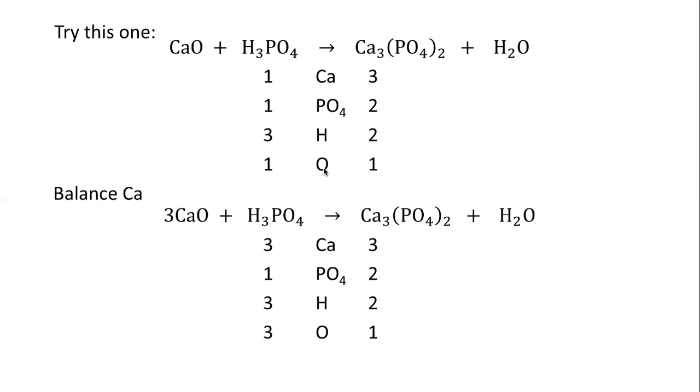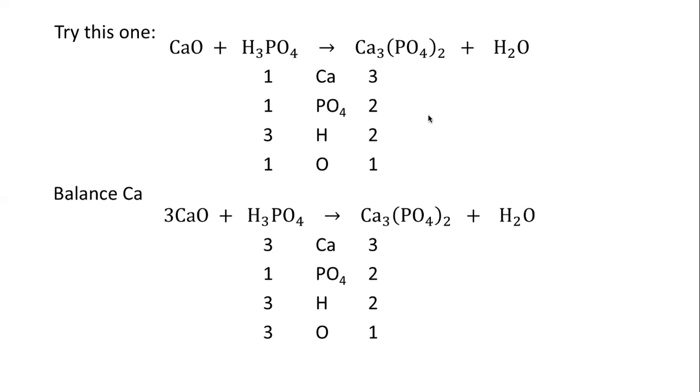And if we count on the reactant side, we have 1 calcium, 1 phosphate, 3 hydrogen, and 1 oxygen. And on the product side, we have 3 calcium, 2 phosphates, 2 hydrogen, and 1 oxygen. And you can see here that besides the oxygen, most of these are not balanced.